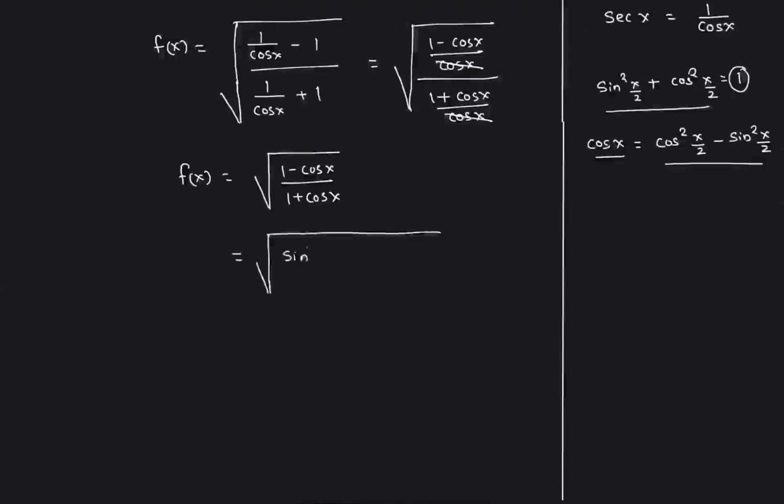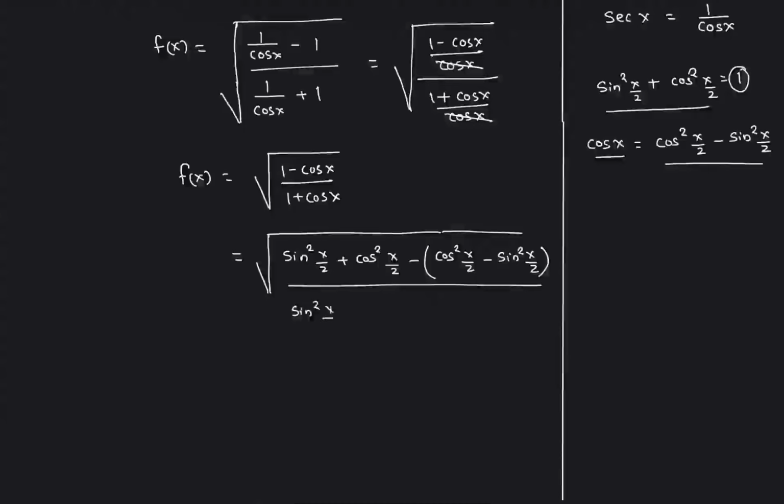So this is sin square x over 2 plus cos square x over 2 minus, I'll put the two terms in brackets, cos square x over 2 minus sin square x over 2 whole divided by sin square x over 2 plus cos square x over 2 plus cos square x over 2 minus sin square x over 2.